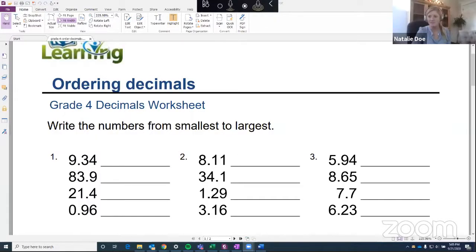Okay, can everybody see my screen? Yep. All right. So we're going to talk about decimals.